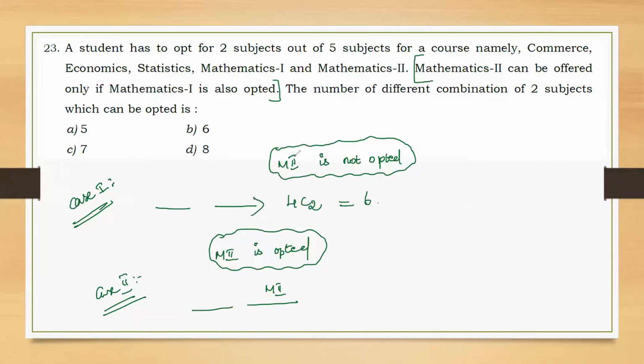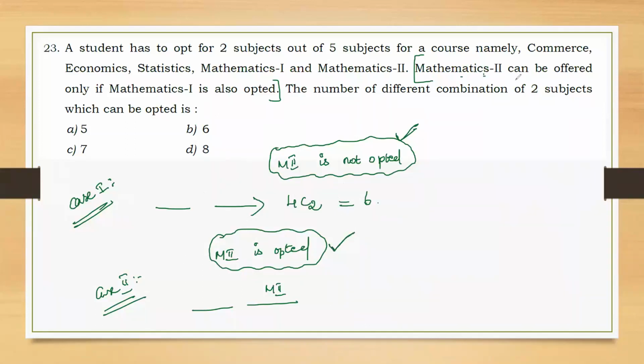They have given that M2 can be offered only if M1 is opted. So I'm taking M2 is not opted, then out of the remaining 4 subjects, I can choose any 2. So 4C2.